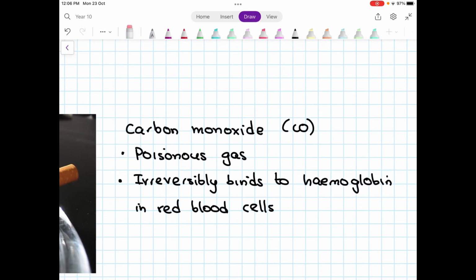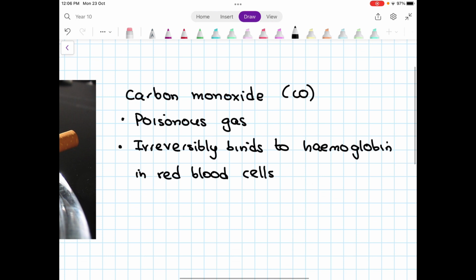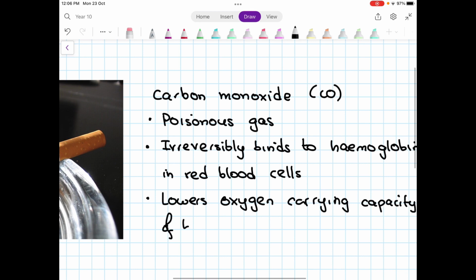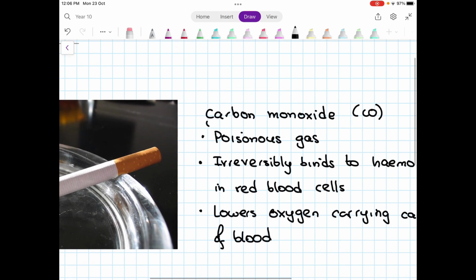But since it's instead binding to carbon monoxide, less oxygen can be transported. So those are the effects of carbon monoxide.